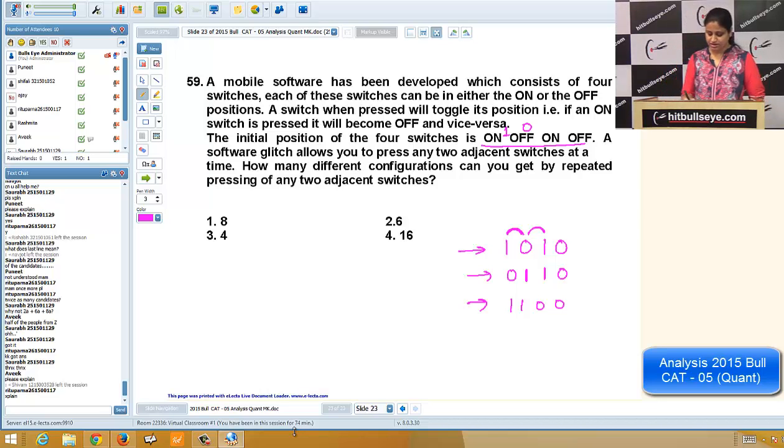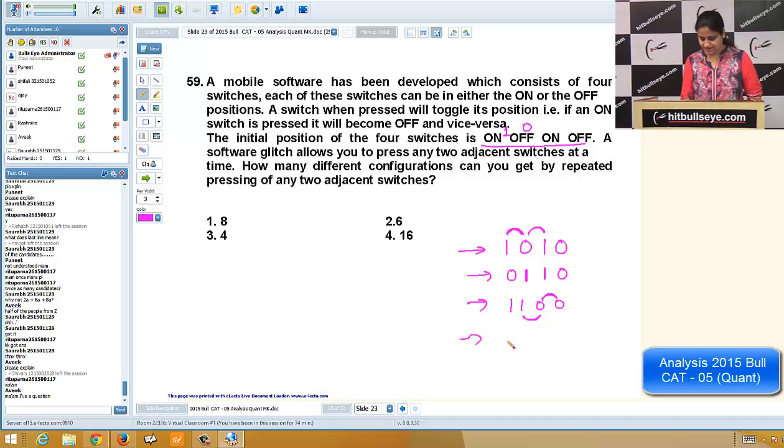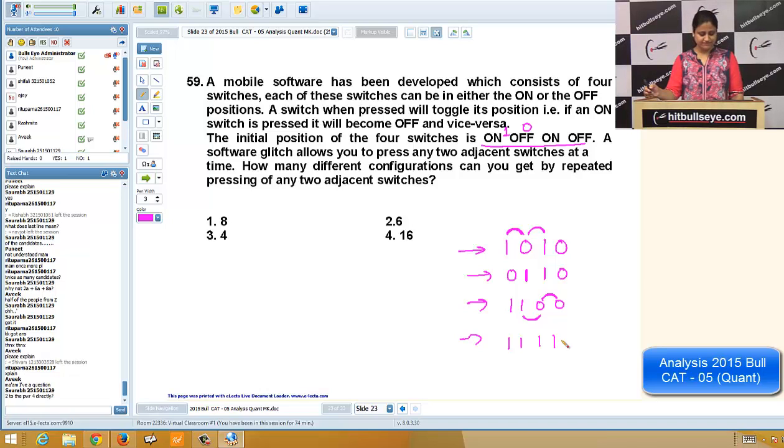Now if we make a change in this, we will get 1, 1, 1, 1. Is it okay? So every time we make a change in 2 adjacent switches, the number of 1s and the number of 0s is always even.